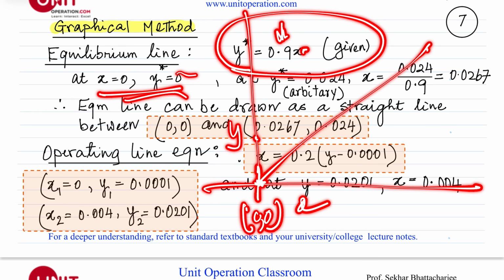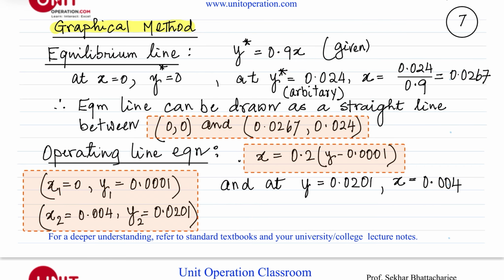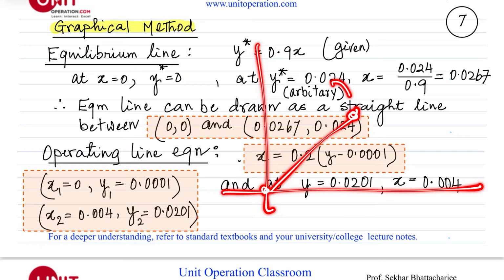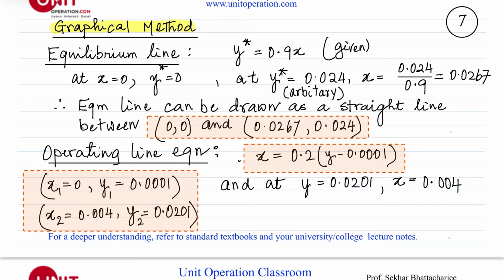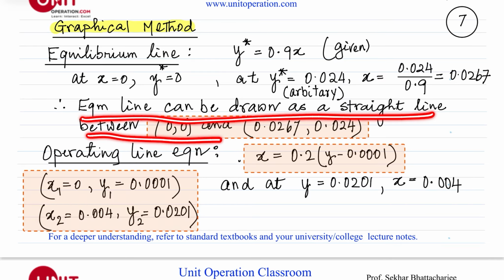So one point would be 0, 0. For another point, I've just arbitrarily chosen a value, and the corresponding value is 0.267. This could have been any other value, like 0.02, 0.01, whatever. It's just to get 2 points. One point we already know, and another point I have taken this one. So you can basically draw a straight line. The equilibrium line can be drawn as a straight line between these 2 points.